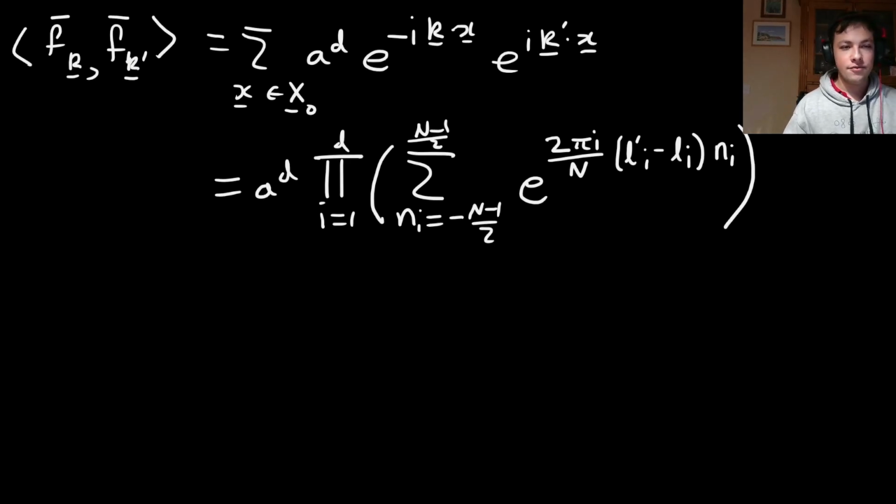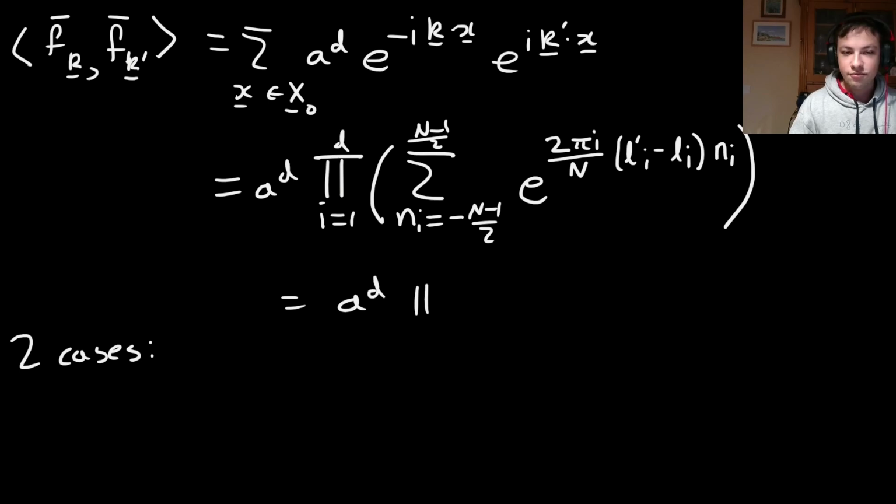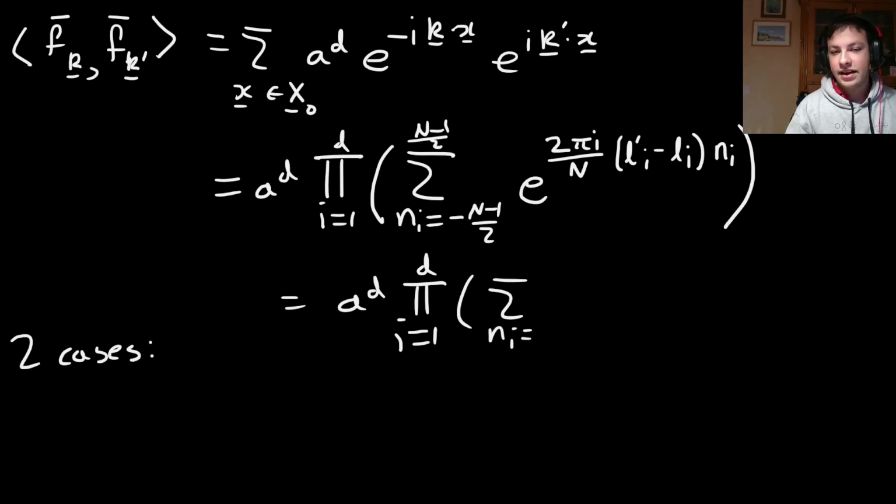Now there are two cases, and we can rewrite this again as a product over I equals 1 to d, sum from Ni equals minus to plus, and we're going to call this whole thing here without the Ni, alpha I, to the power of Ni. Two cases.